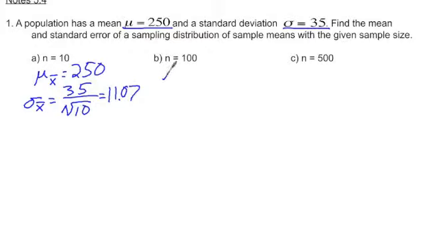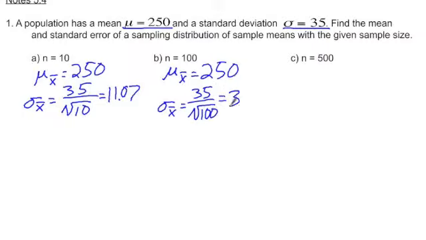In part B, again, the mean with samples of size 100 should be 250, the same as the population. And this time our standard error is the standard deviation divided by the square root of the sample size, and that comes out to 3.5.